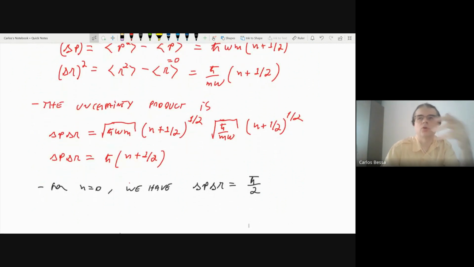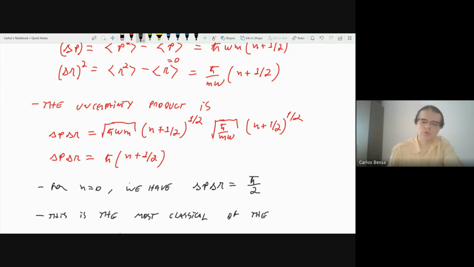That's why it is always the closest of the quantum states to a classical field, a classical state. So this is the most classical of the quantum states.